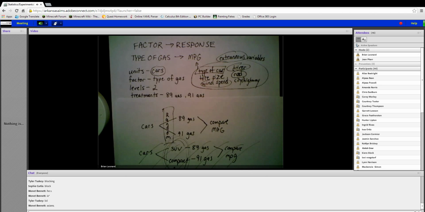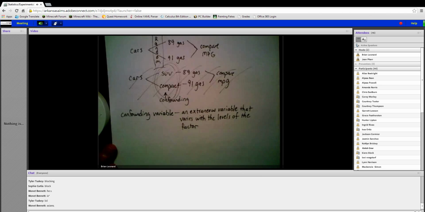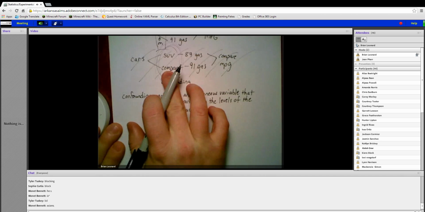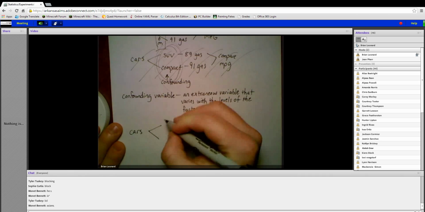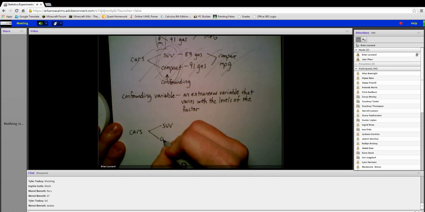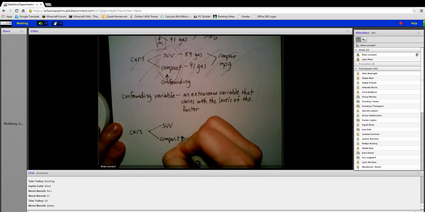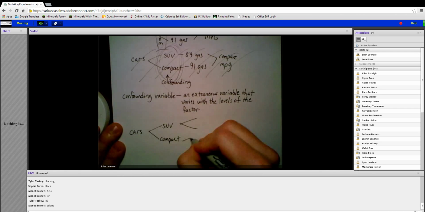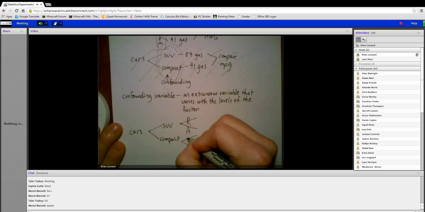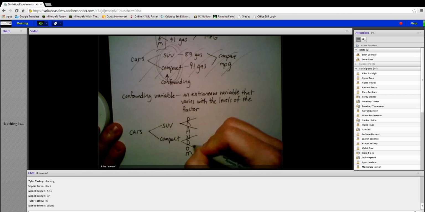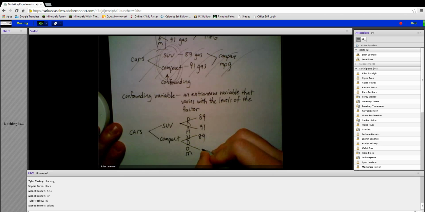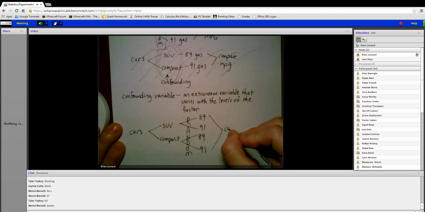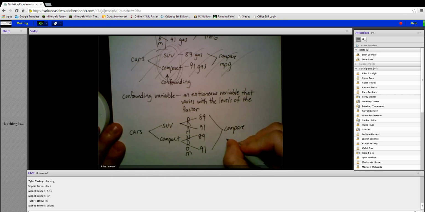So, bottom line, to fix this and improve on it, we can take all those SUVs and those compacts, and now we can randomly assign the treatments, the 89, the 91, to both groups.